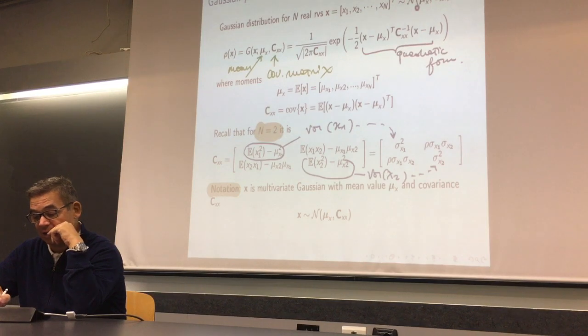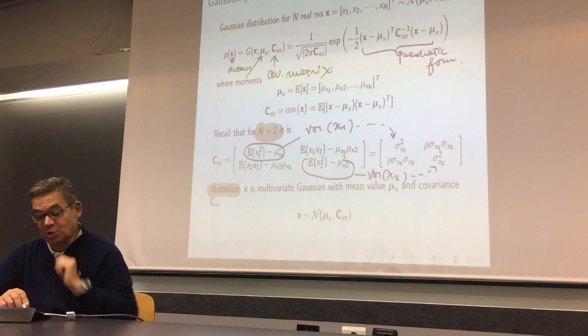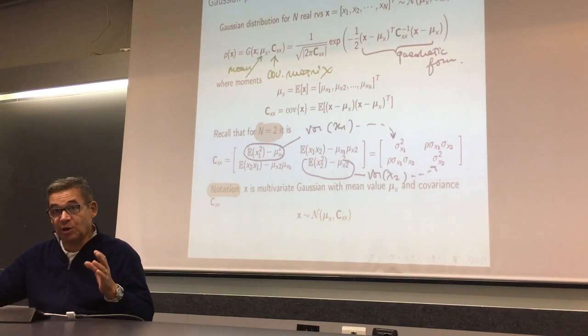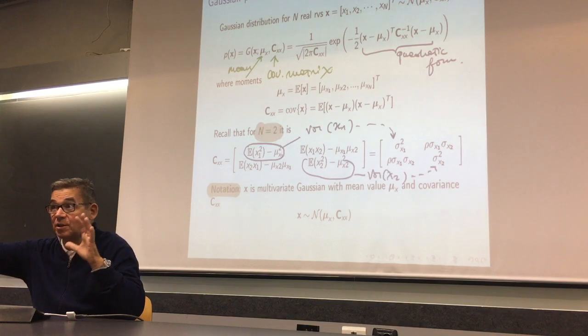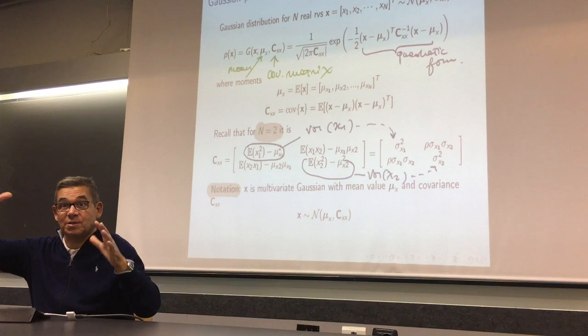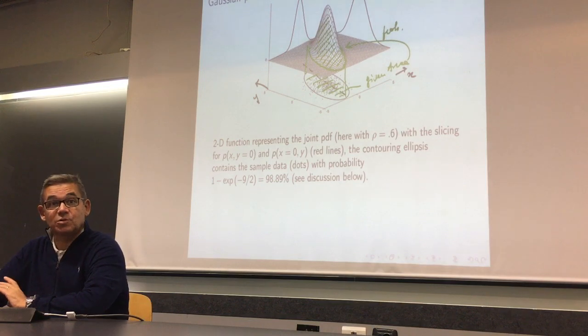When I write it this way, I might also say that the joint probability density function, remember, is a multi-dimensional function, with n variables plus the value, so it's n plus 1 dimensions. It's impossible to picture unless we have two variables.